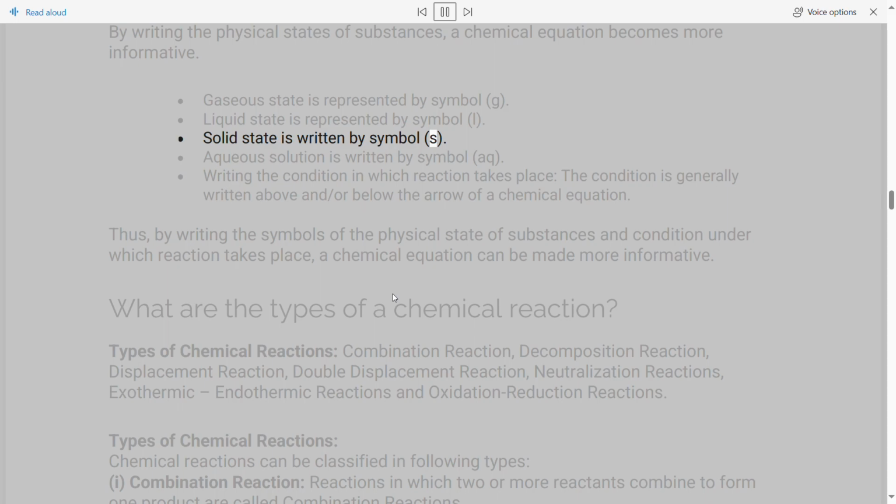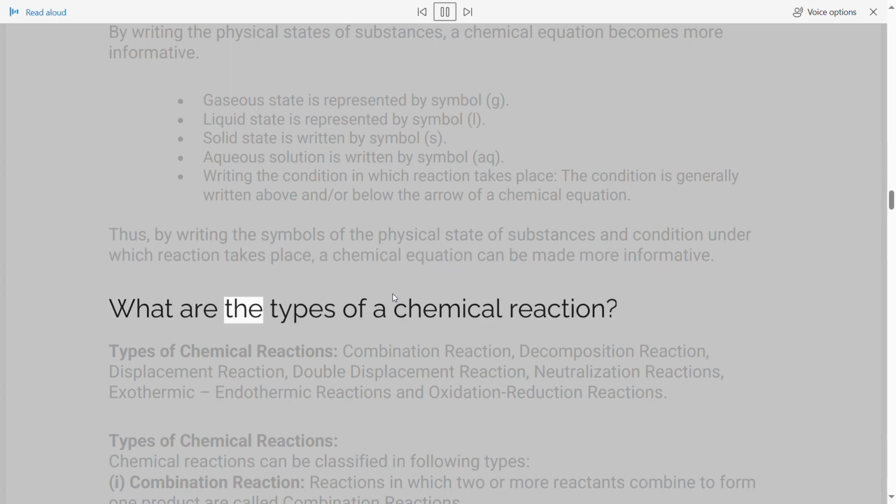The aqueous solution is written by symbol aq. We can also write the condition in which the reaction takes place. The condition is generally written above and/or below the arrow of a chemical equation. Thus, by writing the symbols of the physical state of substances and the condition under which the reaction takes place, a chemical equation can be made more informative.